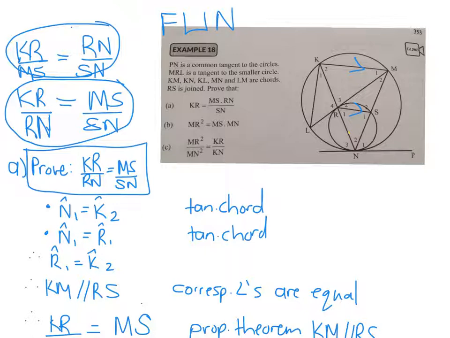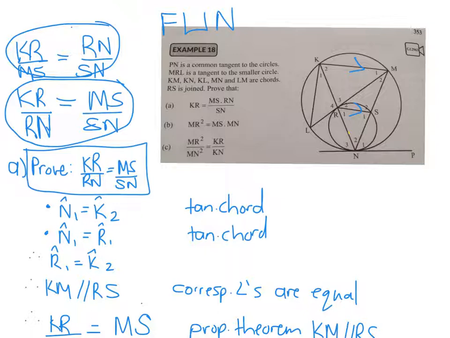Now, question B asks me to prove that MR squared. So let's have a look. MR, and I'm going to quickly see which triangle they are actually talking about. If you have a look here, I don't have a 90 degrees anywhere. I don't have a diameter, I don't have a radius. So I can't actually go and use the Pythagoras theorem and similar triangles.